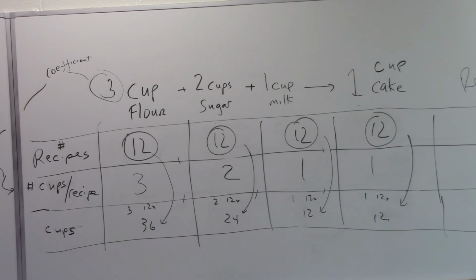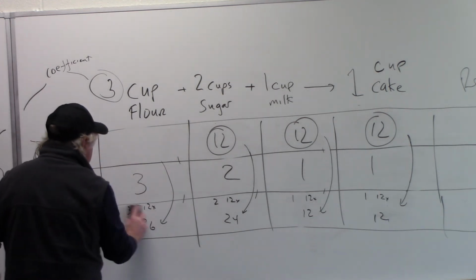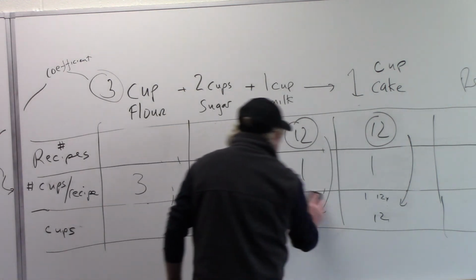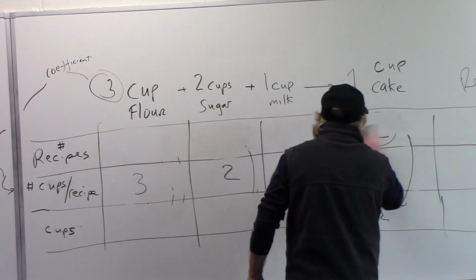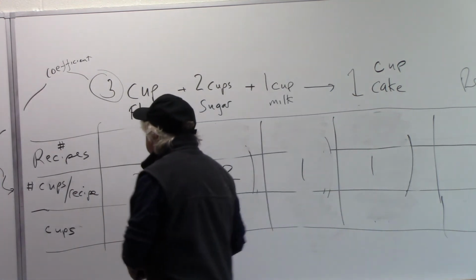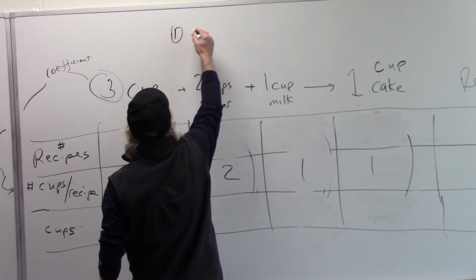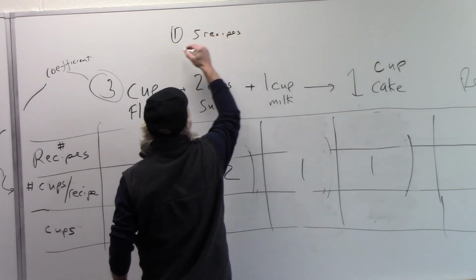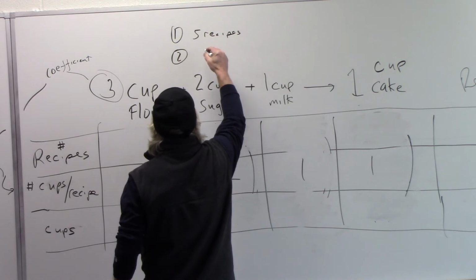Okay, so what I'd like you to do is, I'm going to draw this table again, and I would like you to do a couple on your own. First one, I want to do 5 recipes, and second one, I want to do 20 recipes.